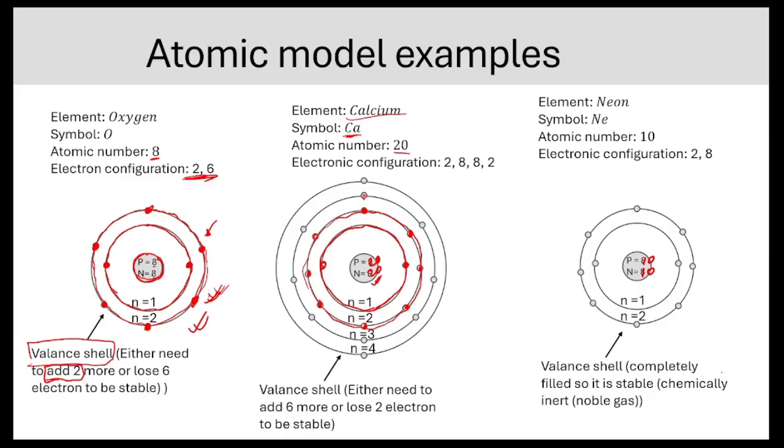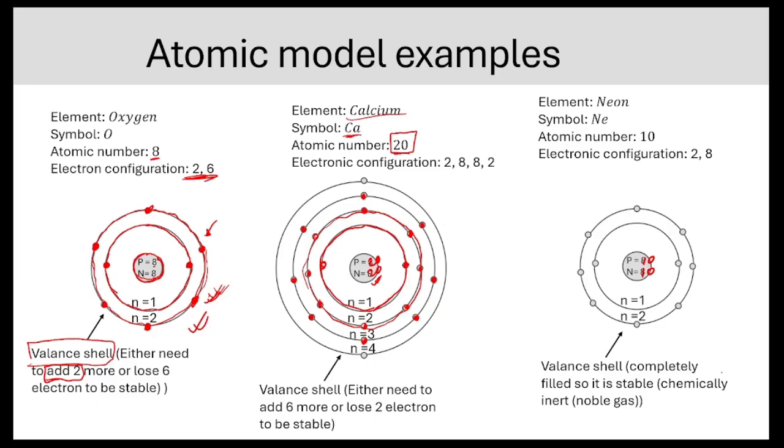And even though the third energy level can have 18 electrons, if we look here, especially for elements below atomic number 20, the third shell is also generally filled with 8 electrons to be stable.